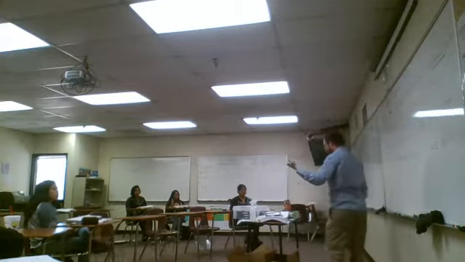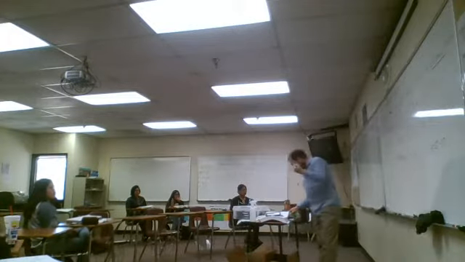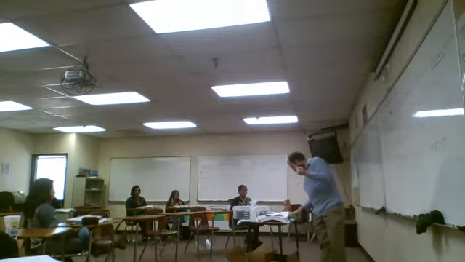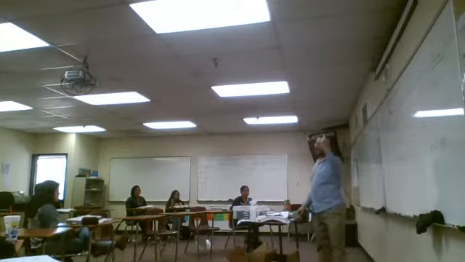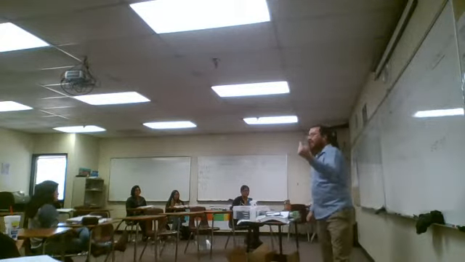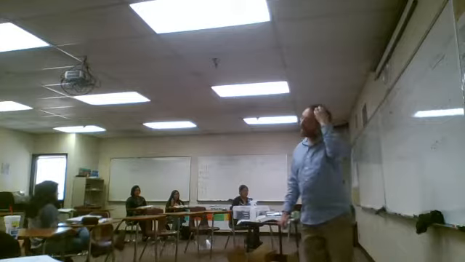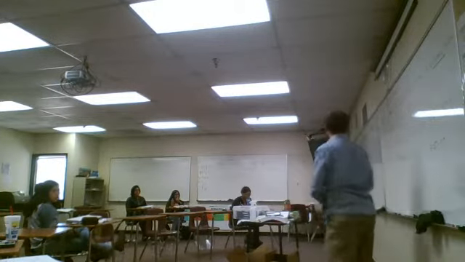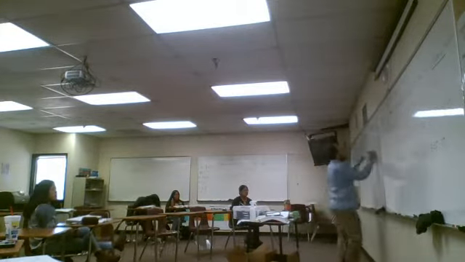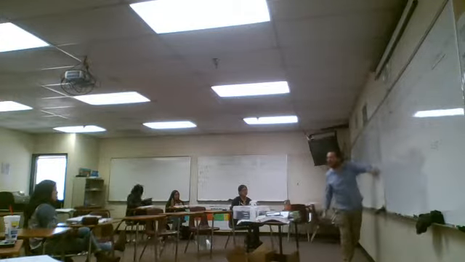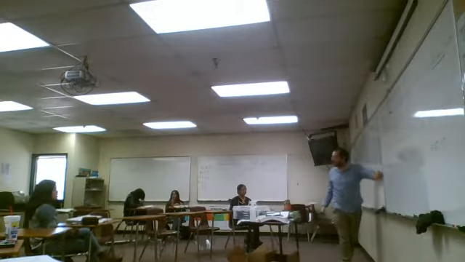One of them is finding the factors of a difference of squares, and the other is finding the factors of a sum of squares. So here are the formulas. We'll write these down, then we'll take a break, then we'll carry on.